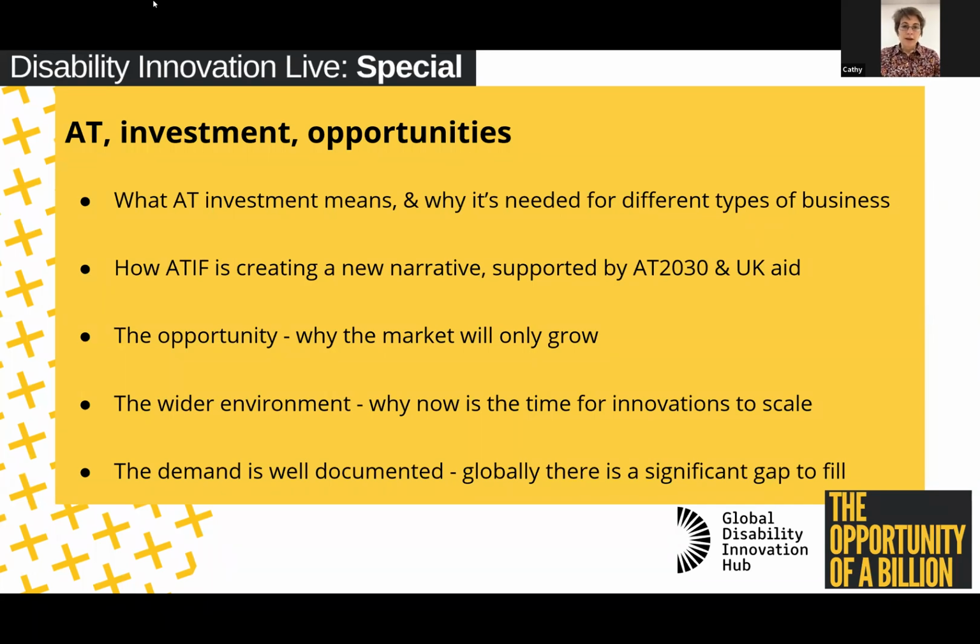So I'll finish by saying something about the wider environment, and why now is the time for innovations to scale. I genuinely believe a number of things have come together for assistive technology and disability inclusion more generally to be able to scale. Firstly, people have been exposed to and understand inclusive investment. We've seen that, for example, through the gender investment lens.